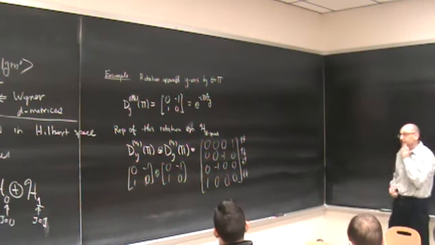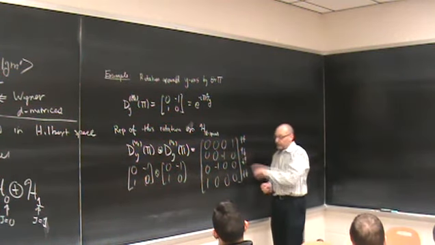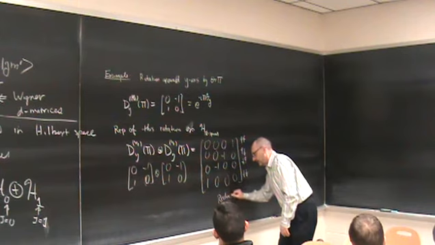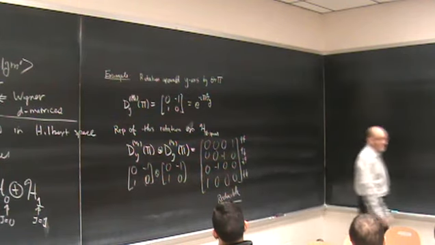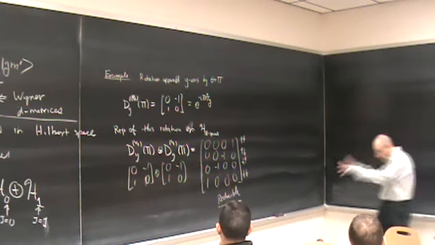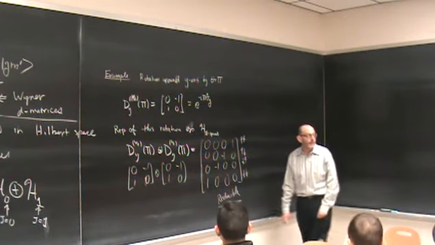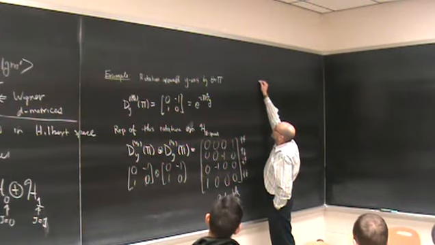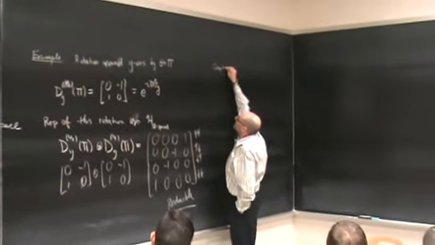Now, as we showed, and let's review that, this is not irreducible. This is a reducible representation. There is a change of basis that will block diagonalize it. If we could do that, then this representation is reducible. So what we did is we said, let's look at the coupled basis.